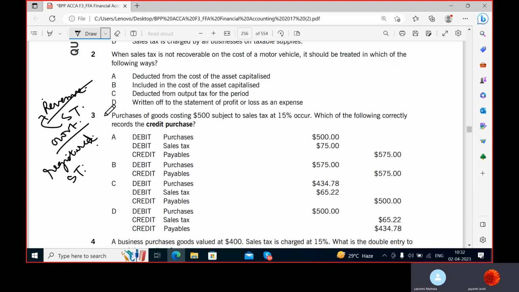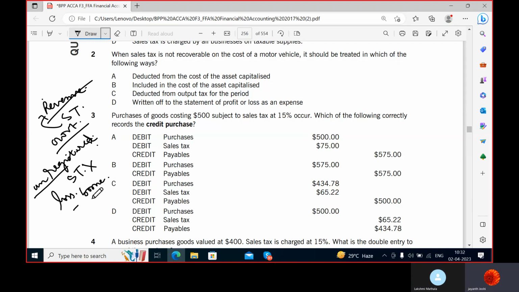Ma'am, if it's mandatory, why is it irrecoverable in a few cases? It becomes irrecoverable, first, if the person is unregistered. When you are unregistered, you can't collect sales tax, so you incur a loss which is to be borne by you.